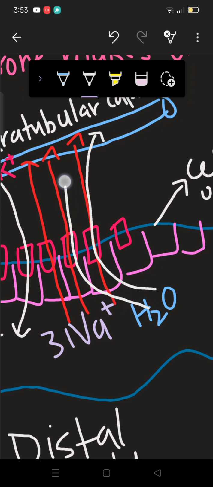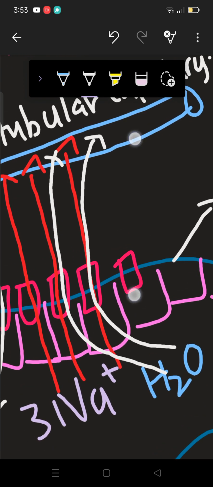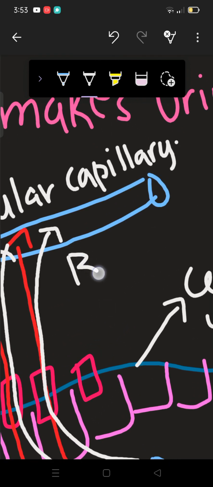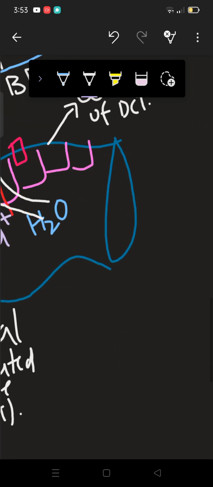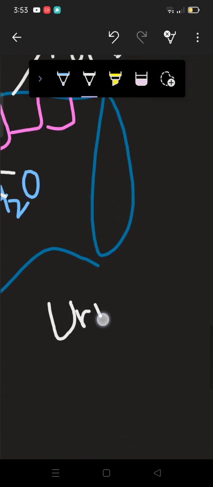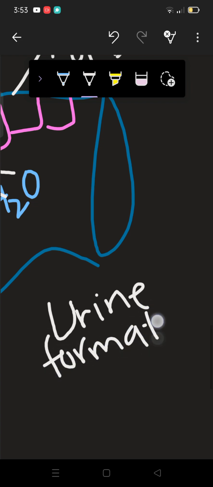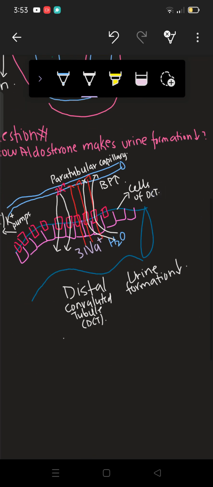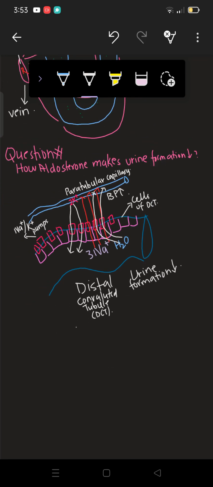Just because of this reabsorption of the water and sodium ions to the paratubular capillaries, it will increase the blood pressure, and urine formation would be low then. Alright, so this is how aldosterone makes the urine formation low.